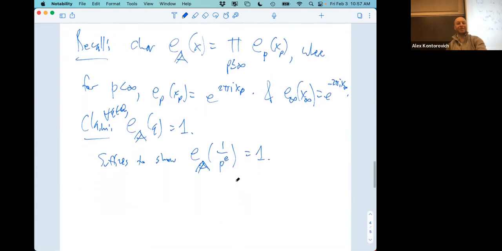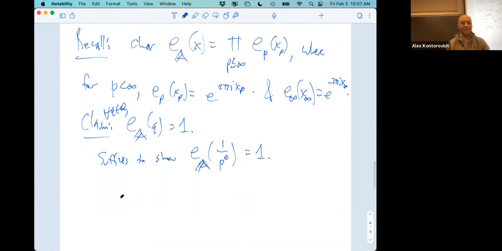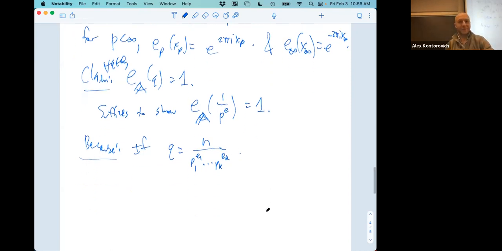Because for any other rational number, let me say why. If I have a rational number q, which is n over p1 to the e1 times pk to the ek, let's spell this out a little bit. So this is claim 1.